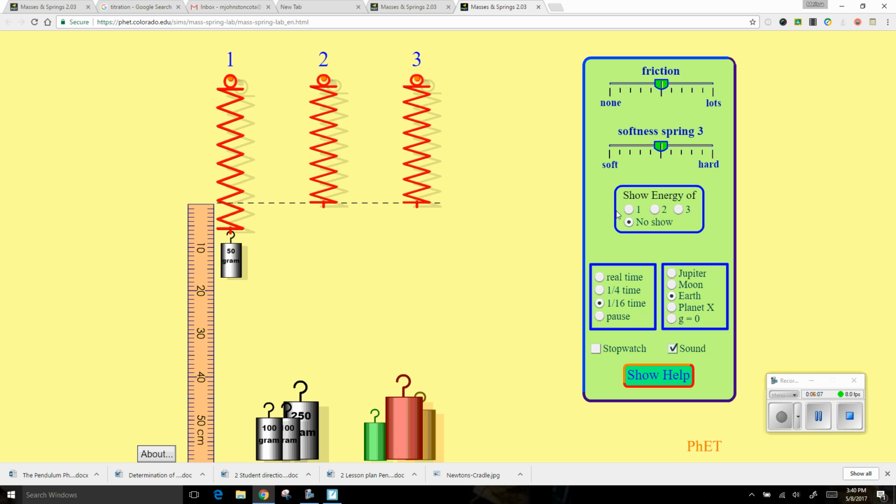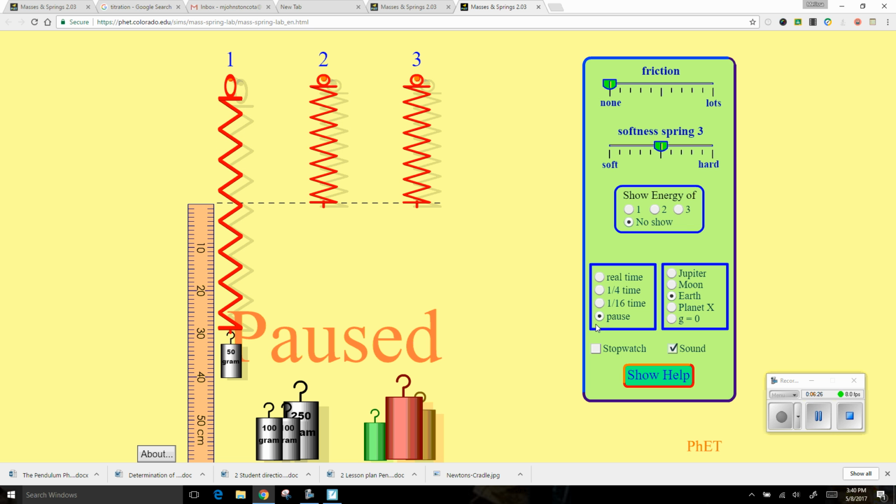So if I change my air resistance back to none and I pull down on the spring, that's the compression and that's the stretch. There's your compression again. There's your stretch, and if I go to the maximum value, notice it's stretched to about, well, we'll say 29 centimeters below the equilibrium position.